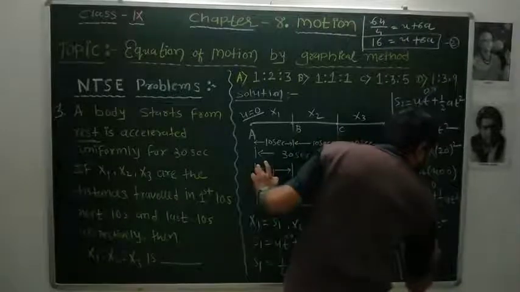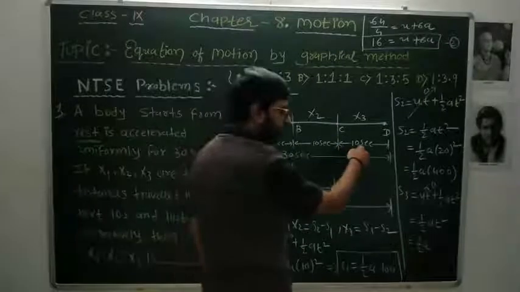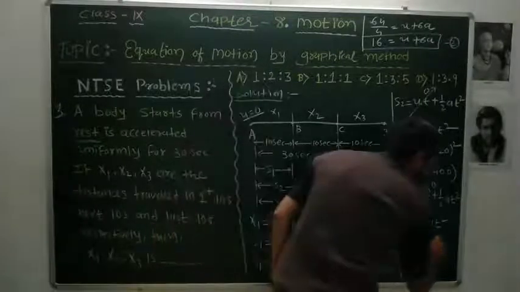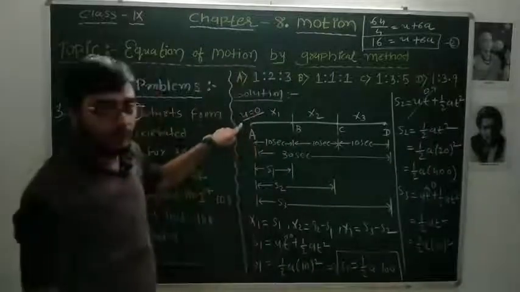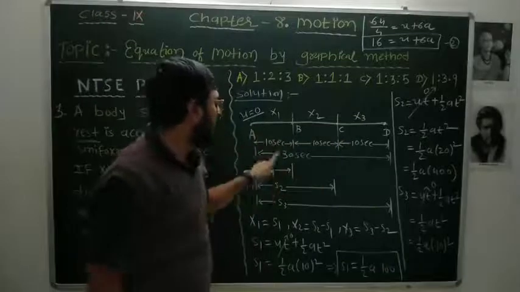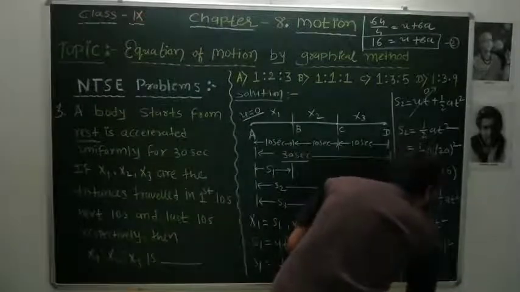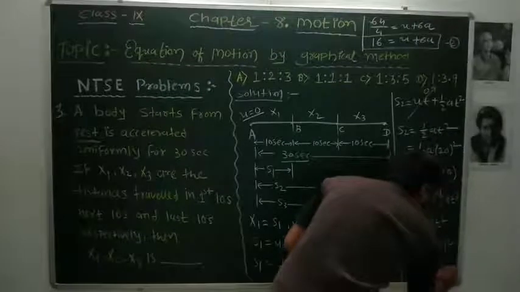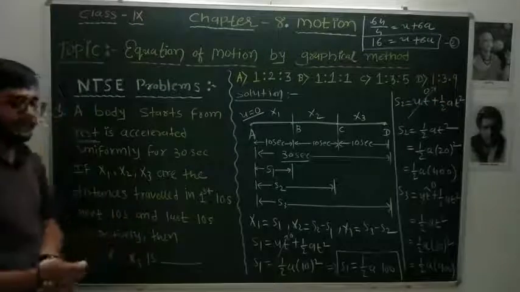Now t is 10 plus 10 plus 10, that is 30 seconds, the total time when the object goes from A to D. So S3 is half A times 900. So what are x1, x2, x3?